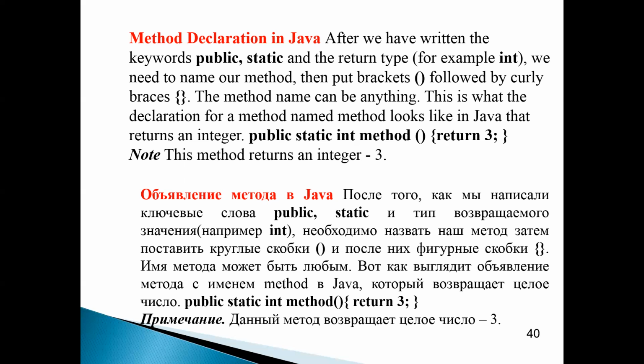This is what the declaration for a method named method looks like in Java that returns an integer. Public static int method, round brackets, and curly braces, return 3. Note, this method returns an integer 3.